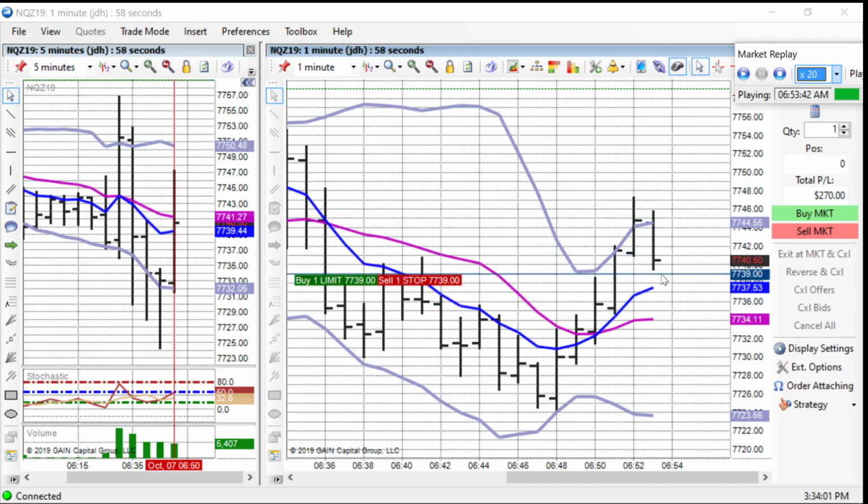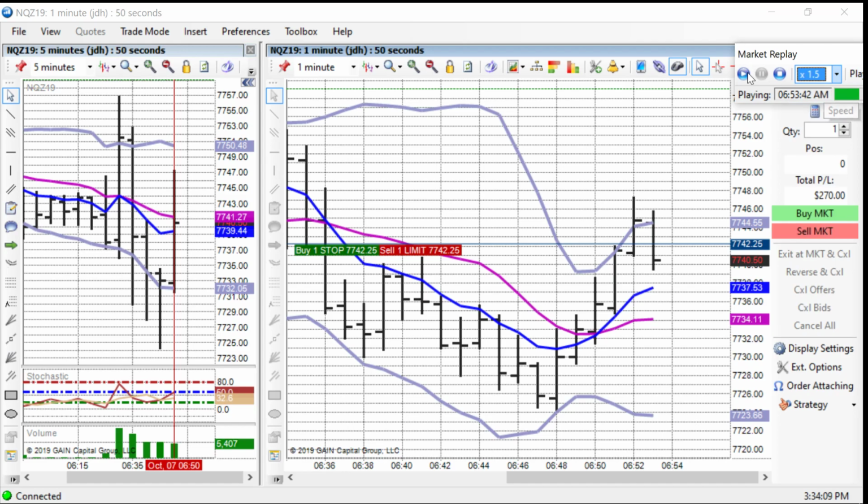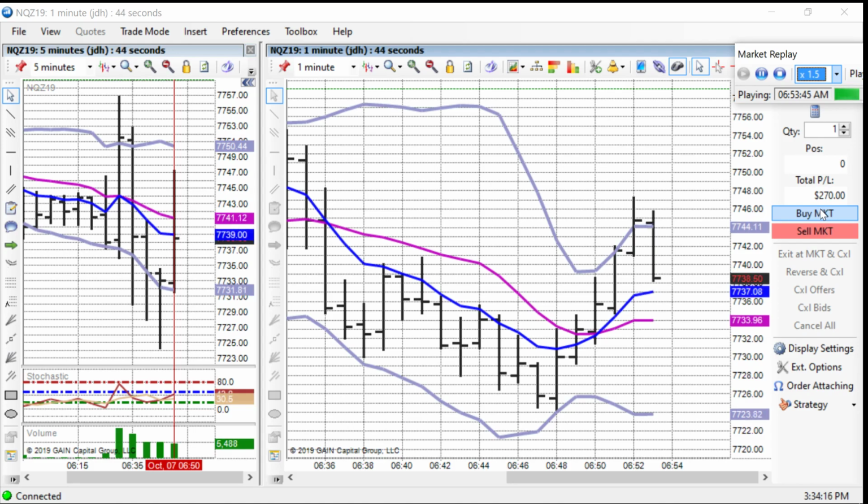We're just going to let the market show us what it's doing. No need to make any assumptions here. There's nothing predictive or psychic about this. We're just letting the market explain itself and using a set of rules to take advantage of what it's actually doing rather than what we speculate it's going to do.